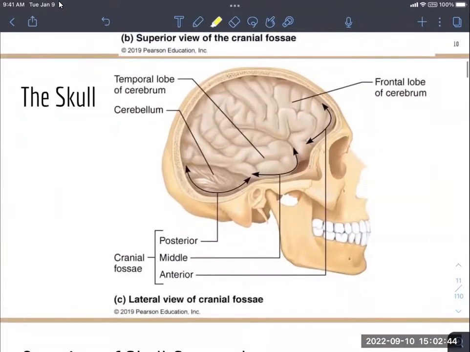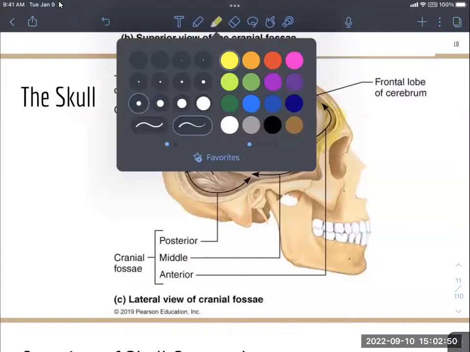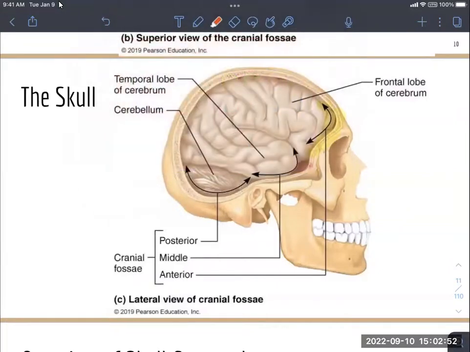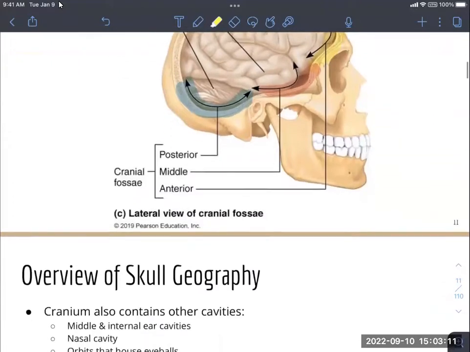As you can see, part of your brain fits in that anterior fossa, that middle fossa, and that posterior fossa. All house parts of your brain. Very important. They protect your brain very well.